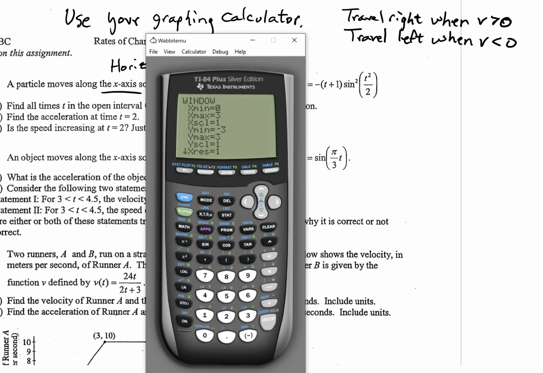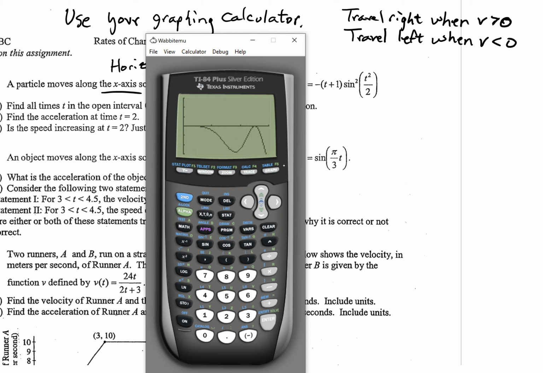Look, your time, you can say between 0 and 3, because they're saying on this interval from 0 to 3 seconds. My y min and y max, I decided to just try negative 3 and 3, knowing that sine itself is always between 1 and negative 1, and that t plus 1 can change.